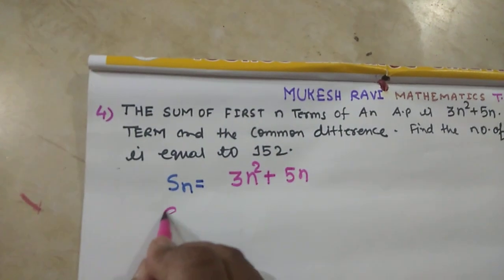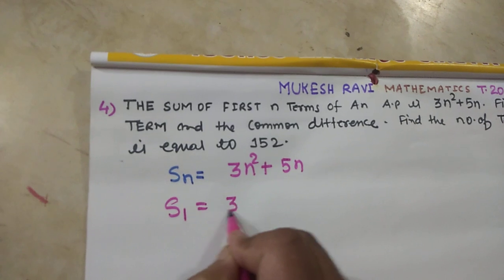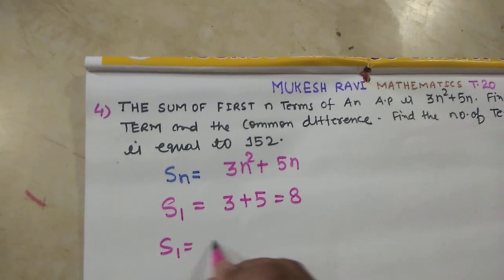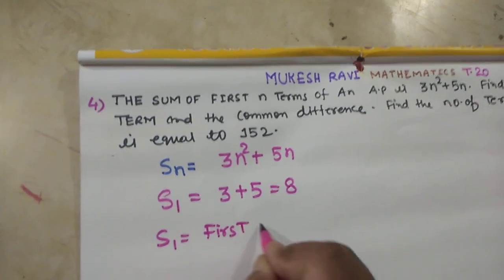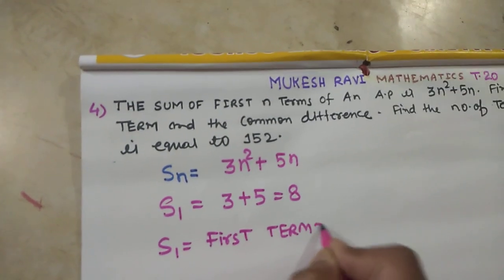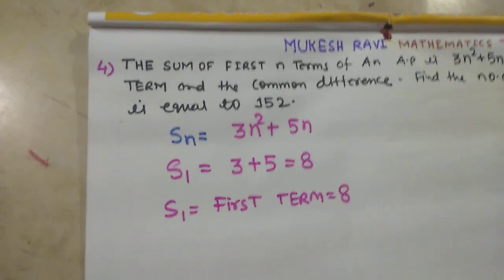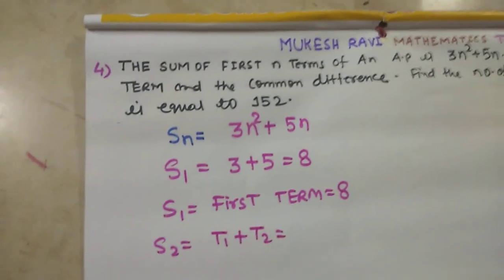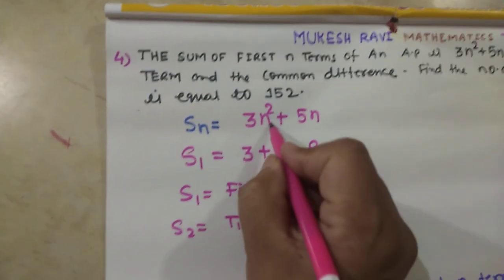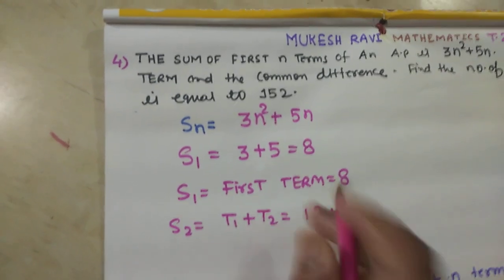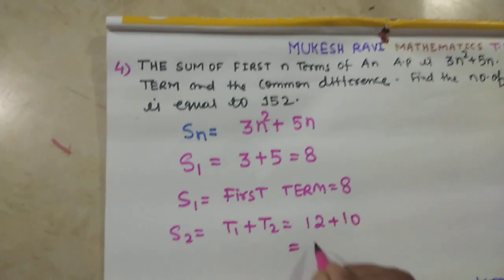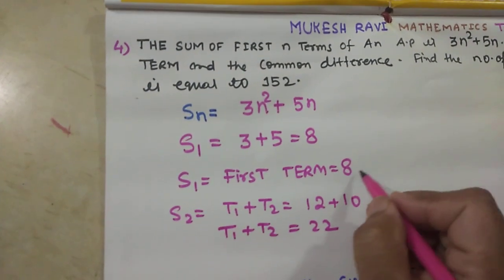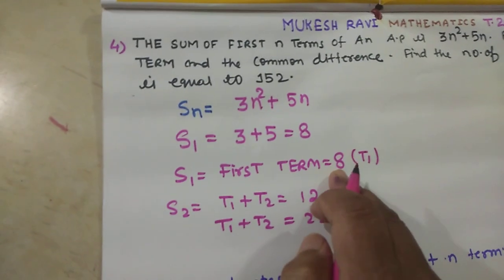First of all, what is the meaning of S1? This is equal to 8. S1 means the first term, 8. So S2 means what? T1 plus T2, the sum of the first two terms. 2 squared is 4, 3 times 4 is 12, 5 times 2 is 10. This is 22. T1 plus T2, now T1 is equal to 8.